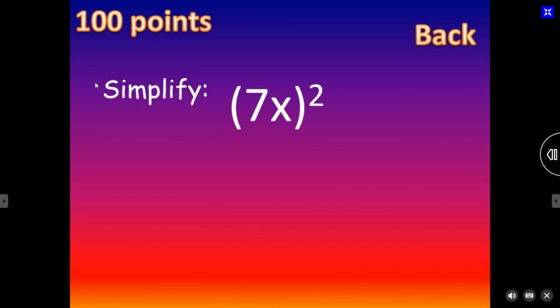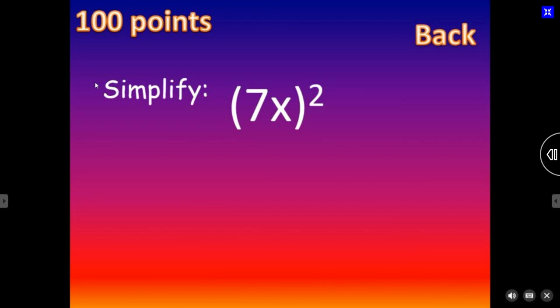Highlight your points. If you get it right, give yourself a highlight. See how many points we can collect. Alright, on this one, where am I at? Am I on my product rule, my power rule, my quotient rule, or my inverse? Power multiply.